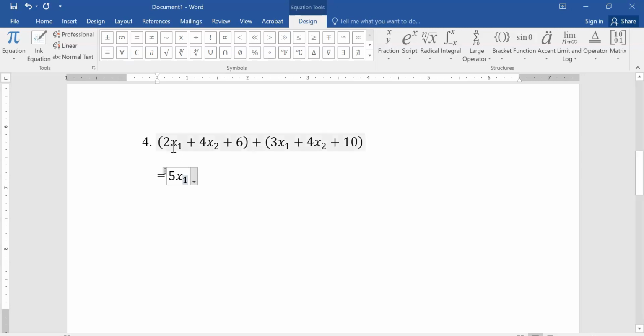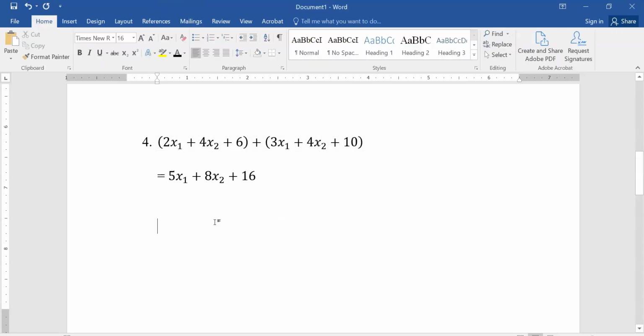So make sure that if your numbers here are in fact subscripts, write them below and to the right of the appropriate variable. So we get 5x1. This adds to 8x2. And then 6 and 10 add to 16. So we get 5x1 plus 8x2 plus 16.